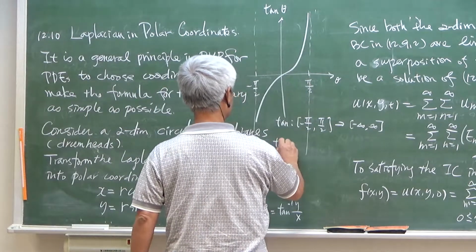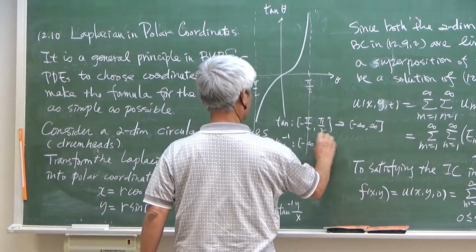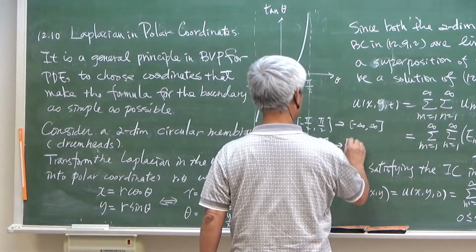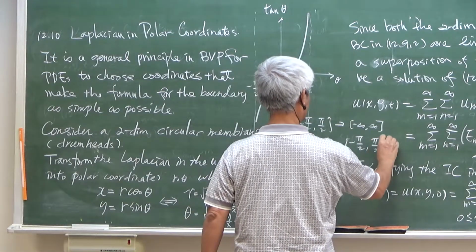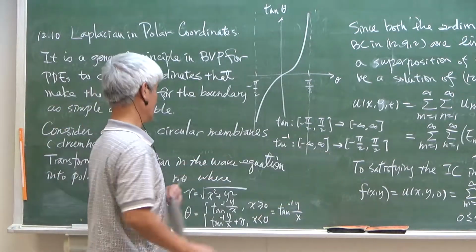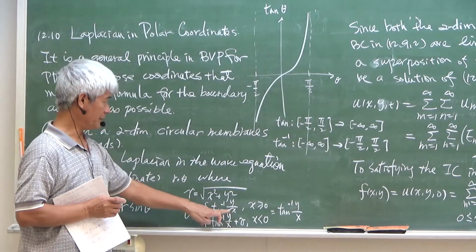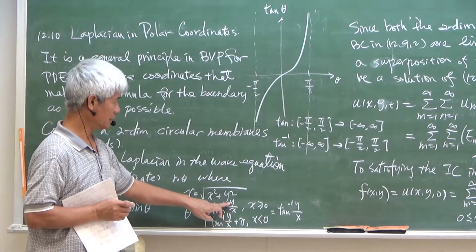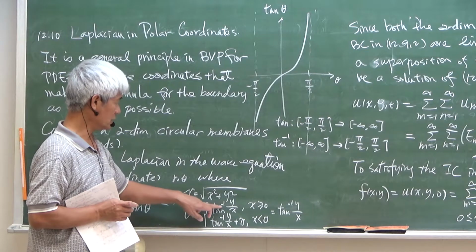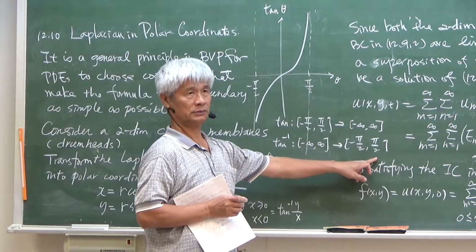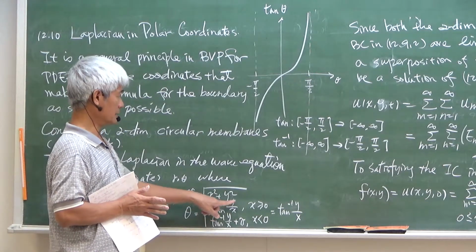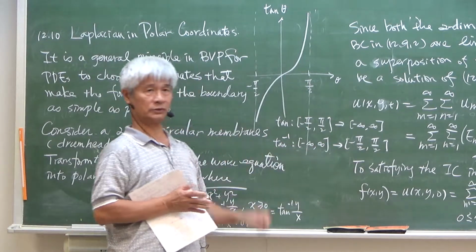So the arctangent, its inverse, is one-to-one. If x is 0, it depends on y. If y is positive, then the tangent is positive infinity, and so the arctangent becomes pi over 2. But if y is negative, then it is minus infinity, so you go to minus pi over 2.